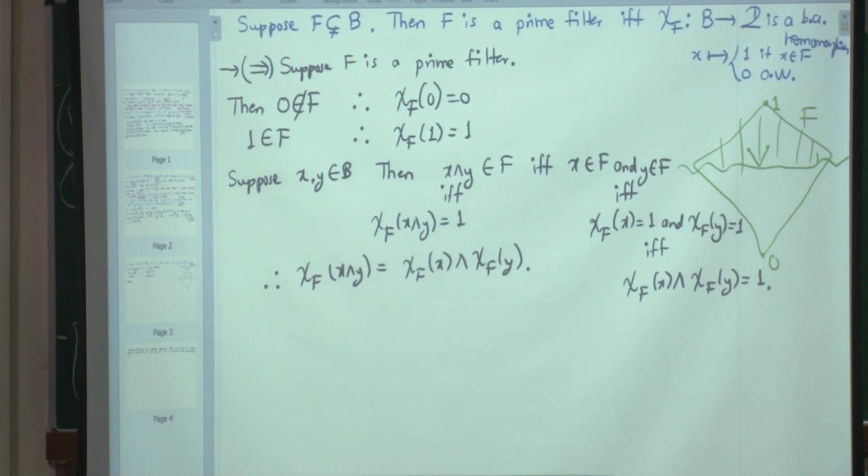What is the meaning of a prime filter? A prime filter is the same as an ultrafilter. So let's prove that. Suppose x belongs to B. Then x belongs to F if and only if negation x is not in F. Yes, because prime is the same as ultra.